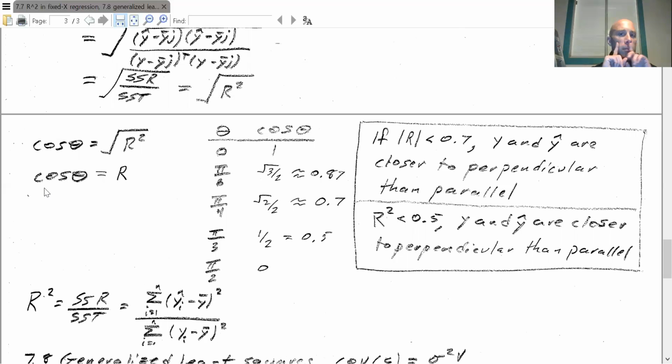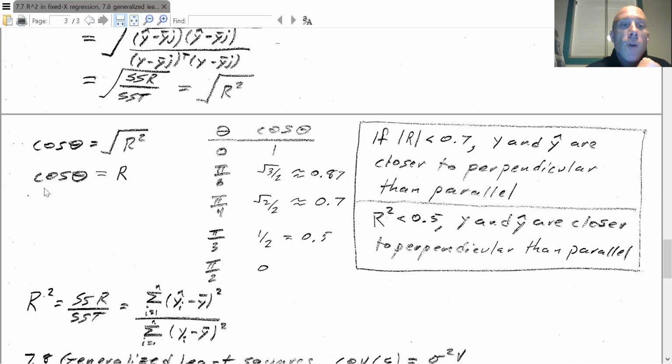Now, let's think about cosine for a moment. Well, cosine of 0 is 1. Remember that cosine is adjacent over hypotenuse. When I talk about the Cartesian coordinate plane, x, y, and the radius, or the hypotenuse, cosine is x over r.